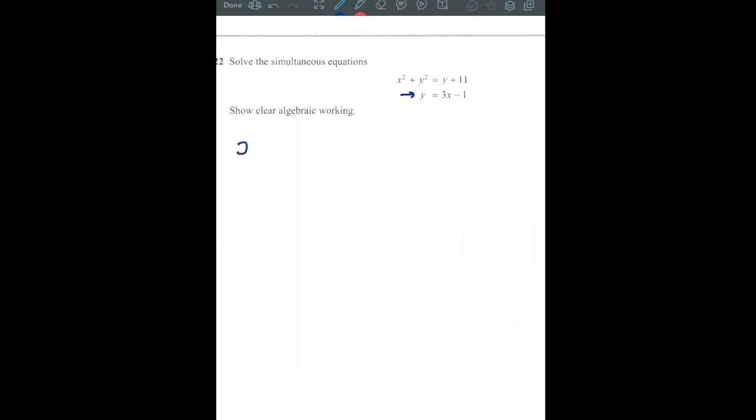So in that first equation, I'm going to replace y every time I see it with what the second equation tells me y is. So instead of y squared, I'm going to write the (3x minus 1) squared. Instead of the y over here, I'm going to write (3x minus 1) plus 11. Now that bracket on the right hand side isn't doing anything, but it was a sanity thing. I've replaced the y with something, so I'm going to put it in a bracket.